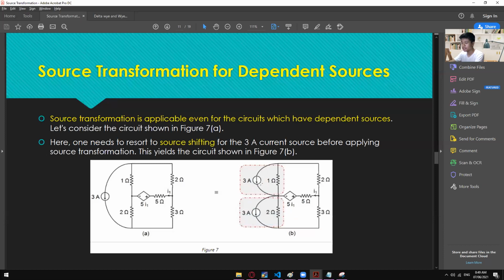Once you're done transforming this one into this one, you can now transform this into a voltage source. Again, check if it's current to voltage, then it should be in parallel first, and the components inside of it should be a current and then a resistance. After that, you will have one series connection right here.